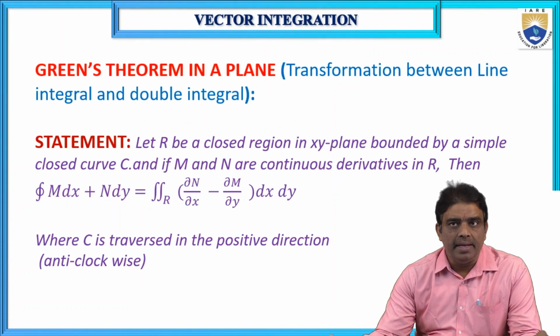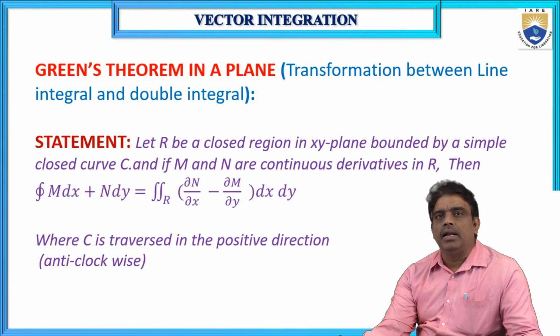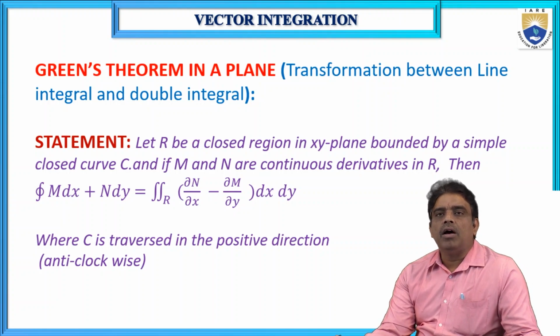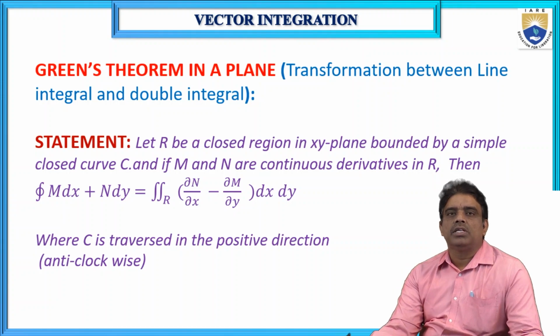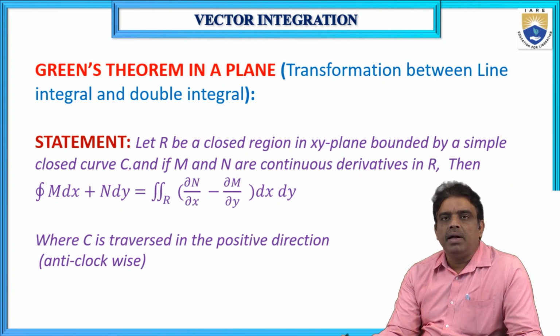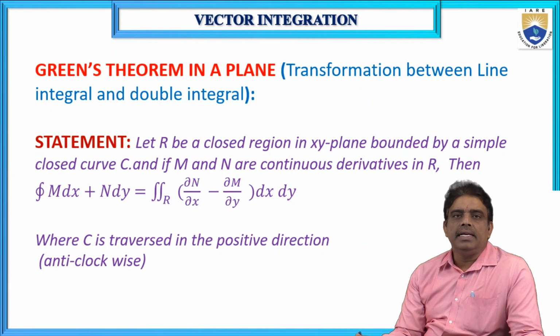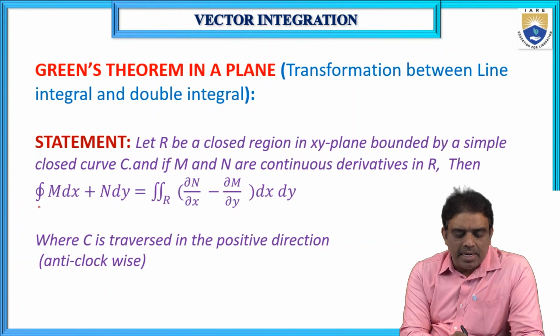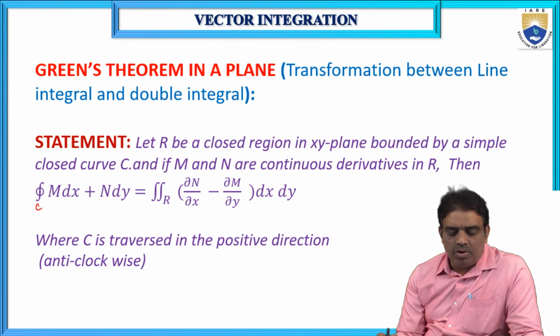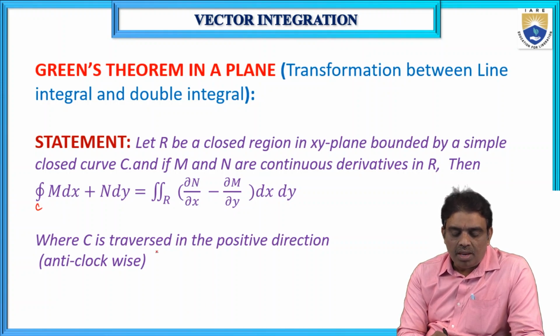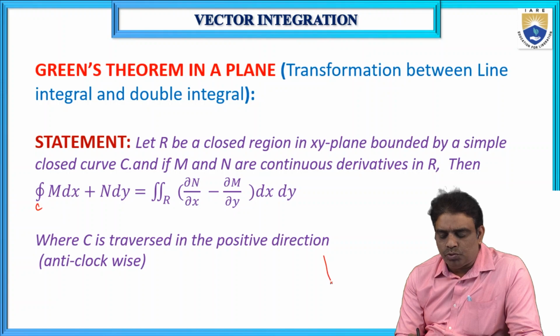Green's theorem in a plane, transformation between line integral and double integral. Let R be any closed region in the xy plane bounded by a simple closed curve C, and if M and N are continuous derivatives in R, then the integral over closed curve C of M dx plus N dy is equal to the double integral over R of dou N by dou x minus dou M by dou y dx dy, where C is traversed in the positive direction.